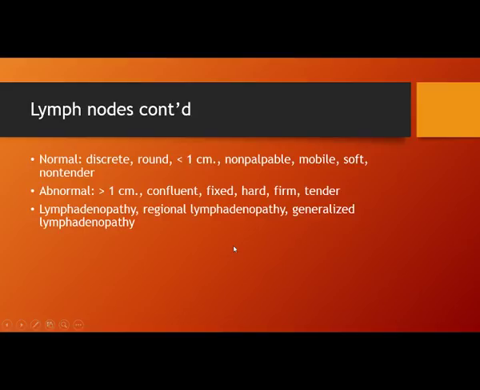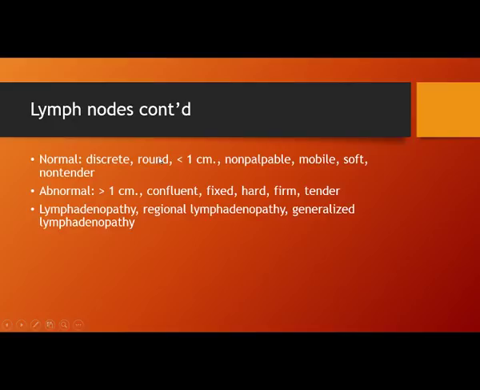The normals, look in the box in the chapter where it talks about this, but some of the normal things: lymph nodes are discrete. Discrete lymph nodes are normal, although they can be discrete in acute infection as well. After chronic infection, they'll probably be confluent.